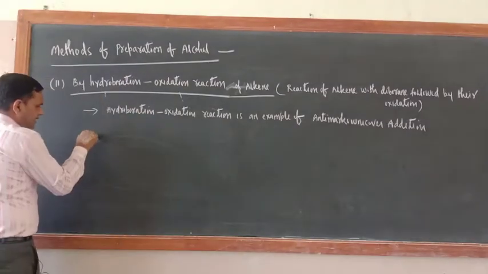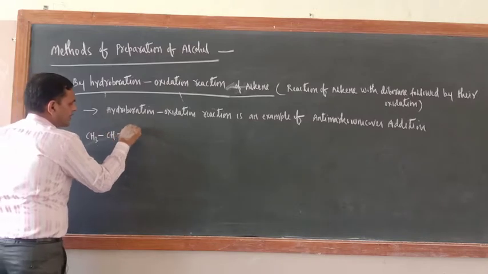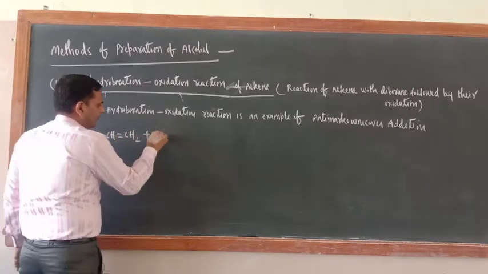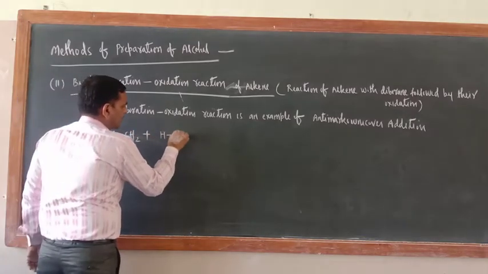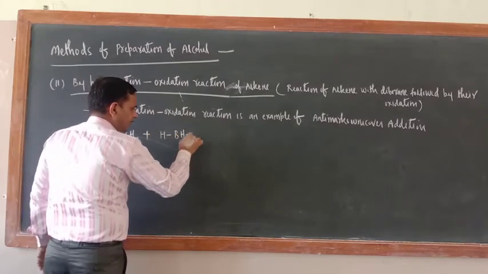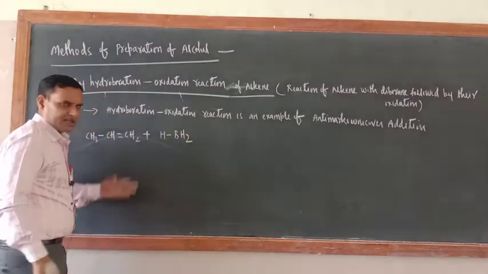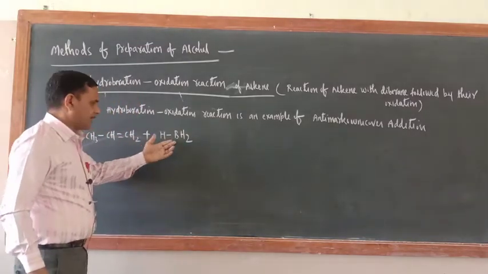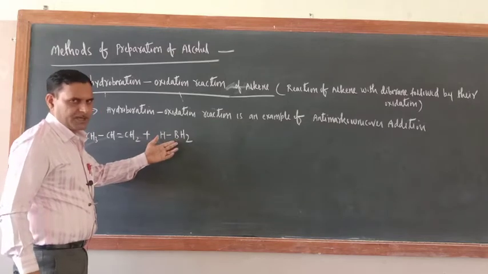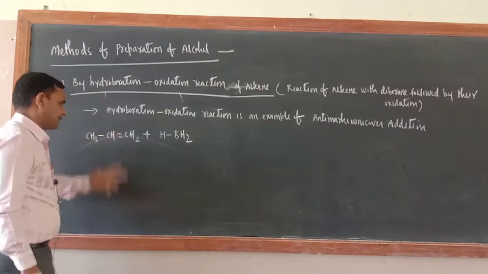Okay, just see how. This is CH3 CH double bond CH2. Take one unit only, HBH2. In the NCERT book they wrote here whole twice, but actually the reaction is taking place with the help of HBH2 only, so I am not putting whole twice here.